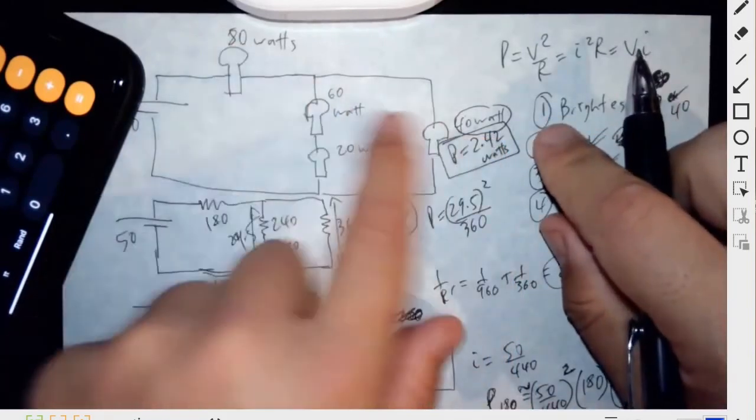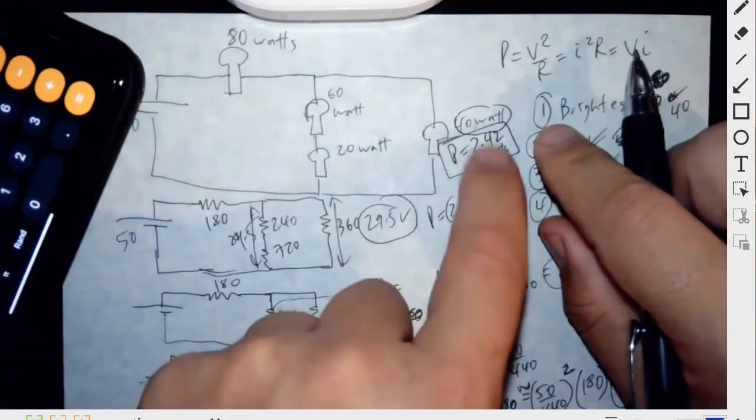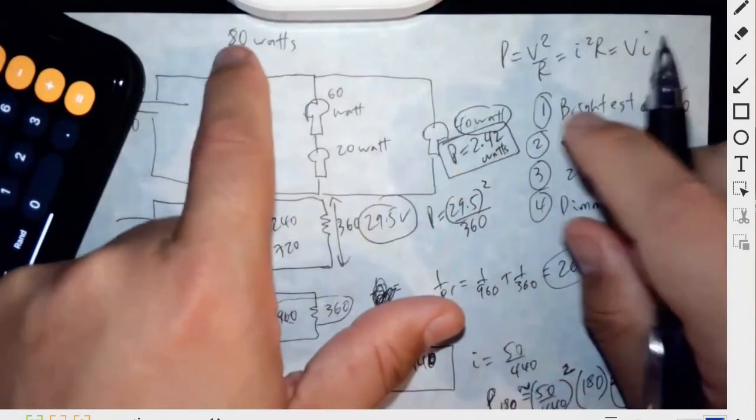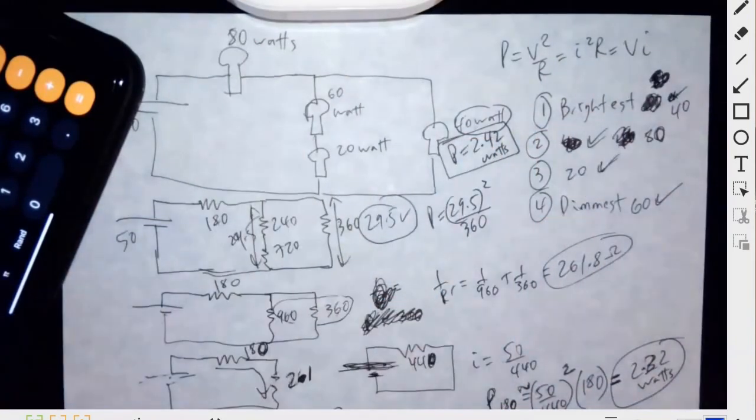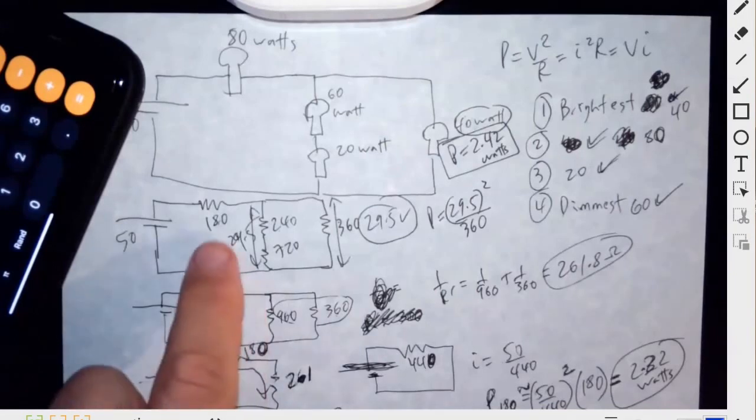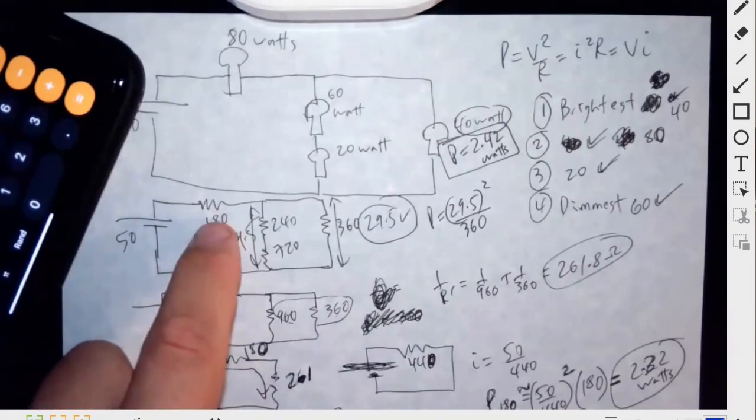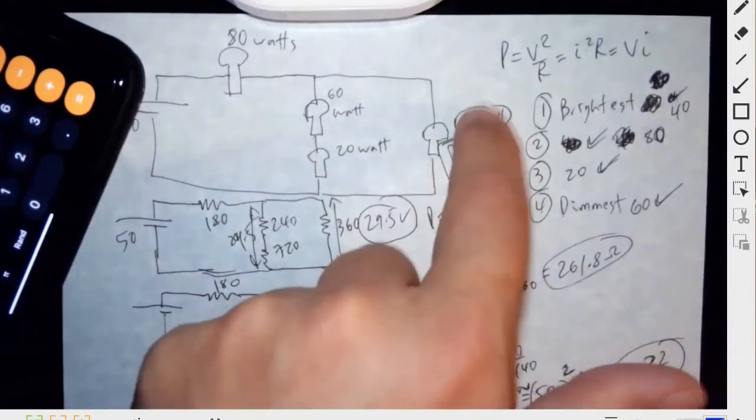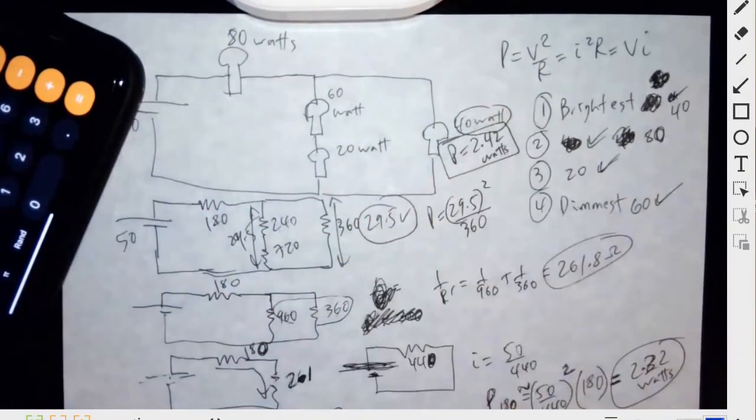So this guy came second. This is actually brighter than that. That's weird. But you can kind of see, right? Because it's got less resistance, so it lost to that one. Okay, good.